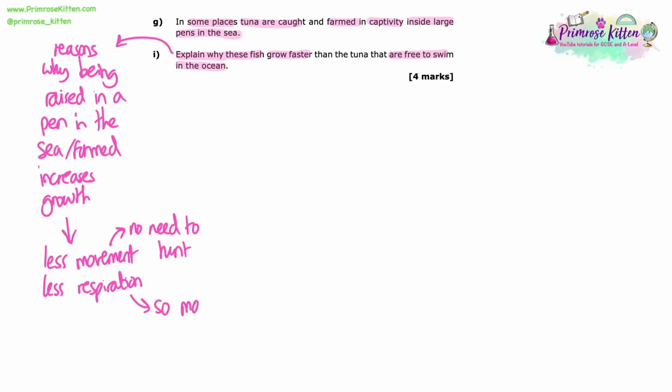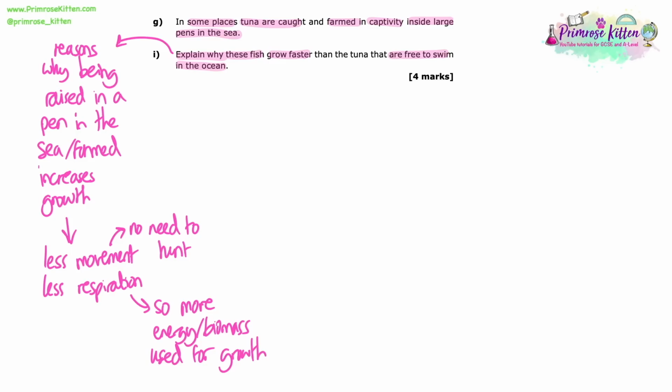So because they're not going to move as much because they're in pens, but also they don't need to go and hunt food because they're going to be given lots of food, that food is obviously going to help them grow faster as well, because they're going to be given plenty of it, and it's high nutrient food. And also that means there's less respiration required there. So therefore more energy or biomass, whichever you're going to go for here, can then be used for growth instead.